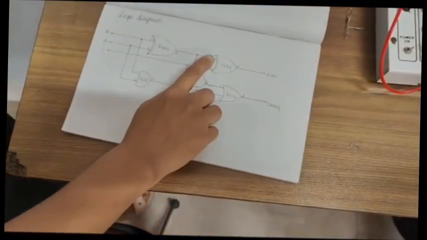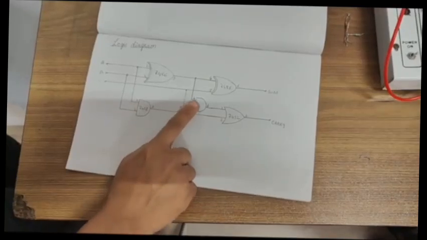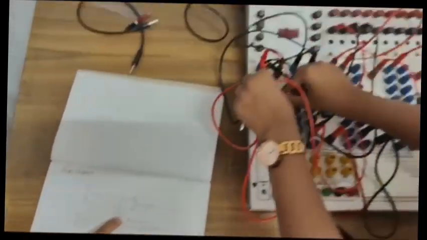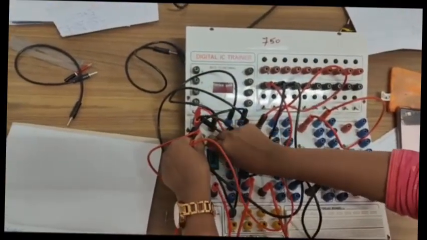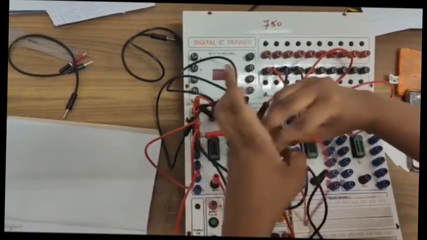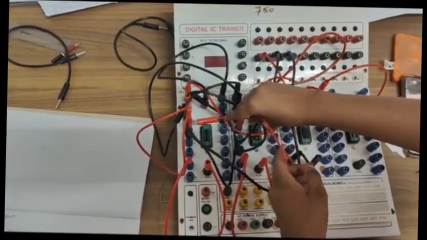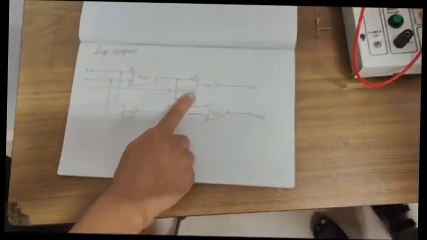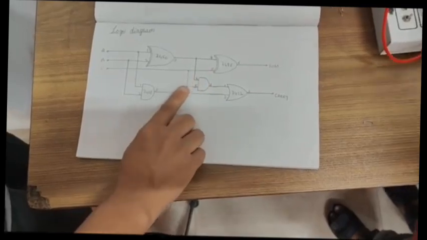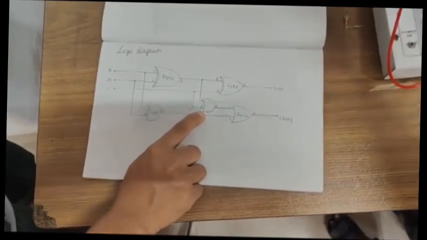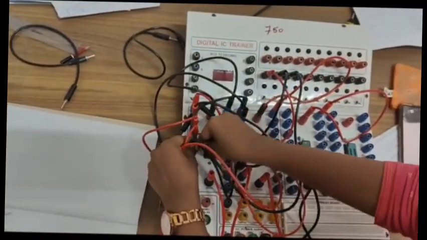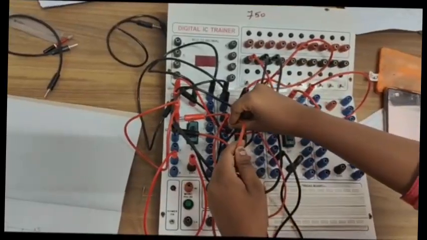XOR gate pin 4 is connected to AND gate pin 4. XOR gate pin 5 is connected to AND gate pin 5.